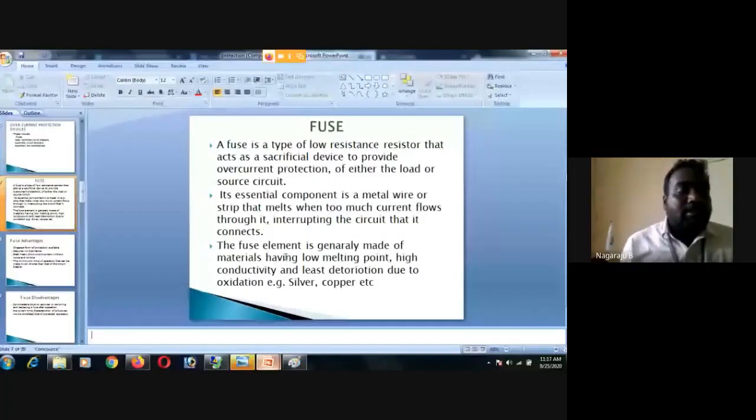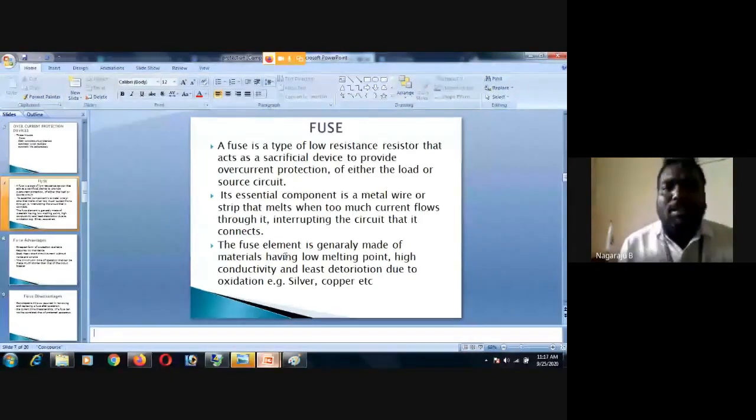The second one is open fuse cutouts, which means normal fuses. And the third one is open loop fuse cutouts. These are all different types of fuses used for the distribution system.